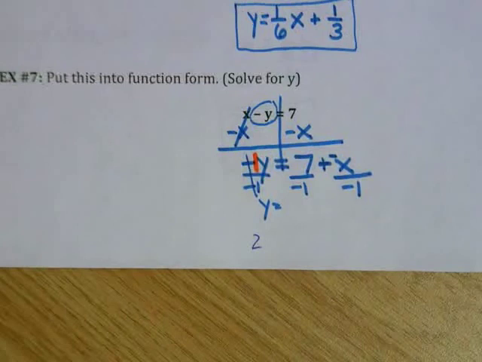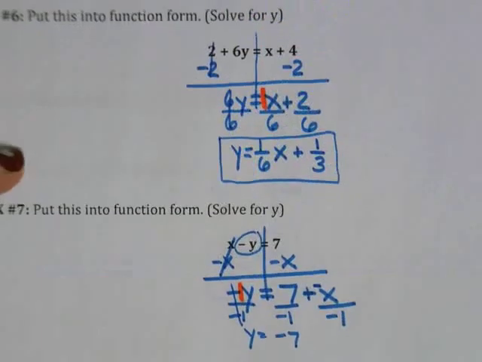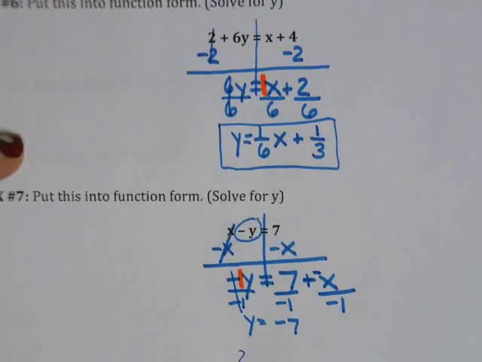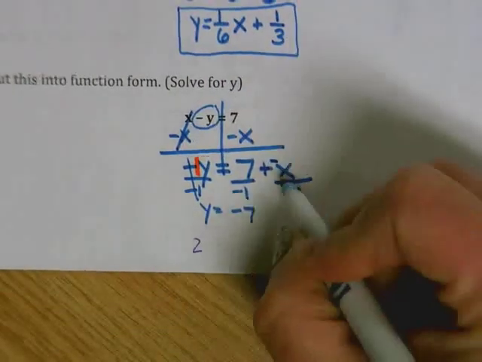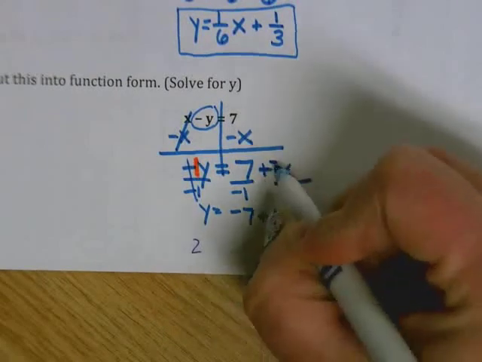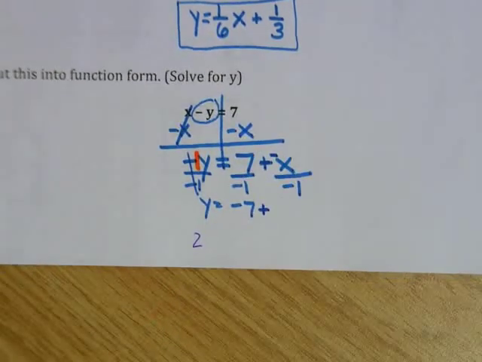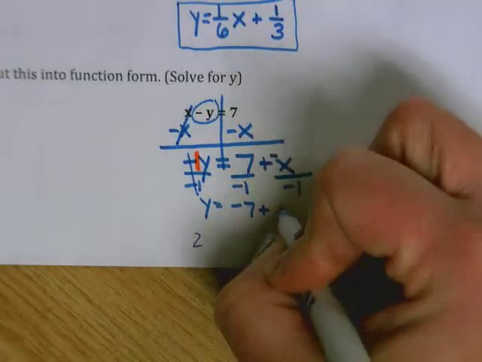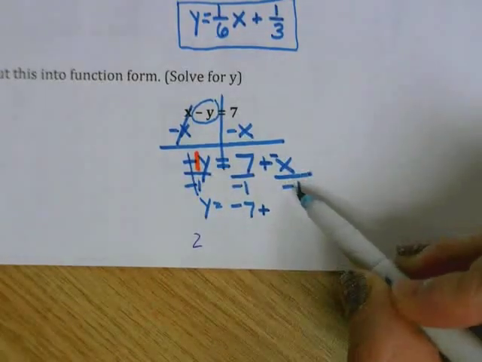Positive divided by a negative is going to be a negative. All right, sorry guys. And then we had the negative 7 right there, and we're going to add, and here we've got a negative divided by a negative, which is going to give us a positive. So, positive what? Negative x divided by negative 1, it's just going to be an x.